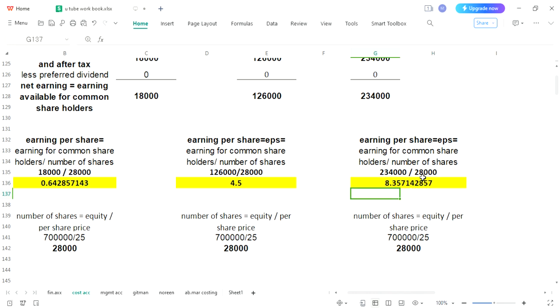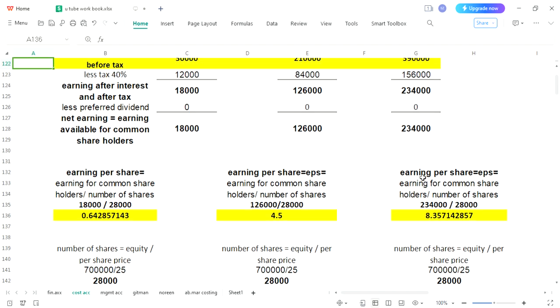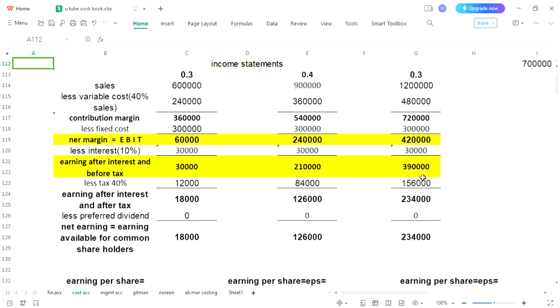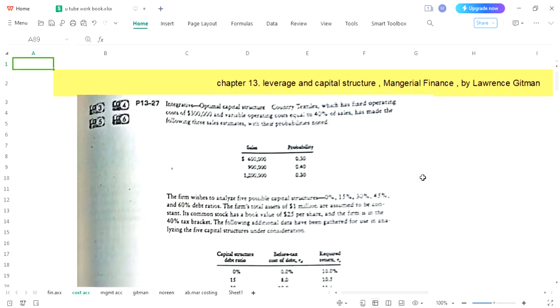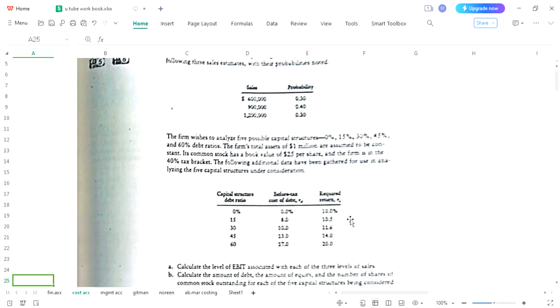So third EPS has been calculated, which is 8.35, or you can round it off as 8.36. So part number three we were solving, and three income statements we have made. As you know that in this question we need to solve 5 parts. 3 parts are completed and we will now be looking forward to the 45% capital and debt ratio.